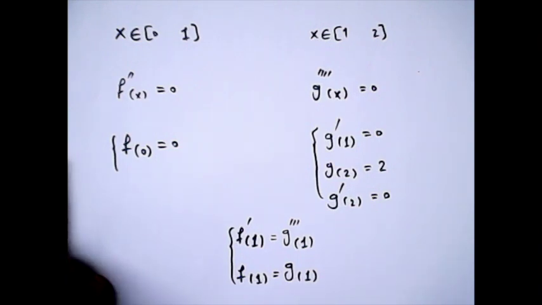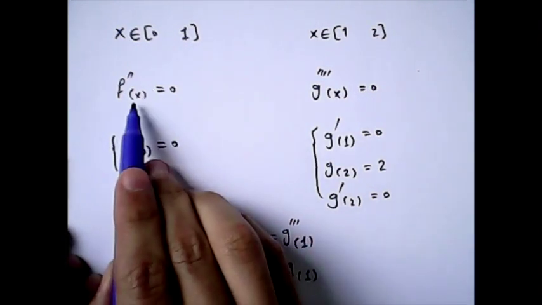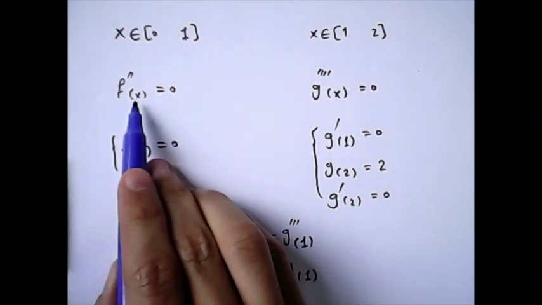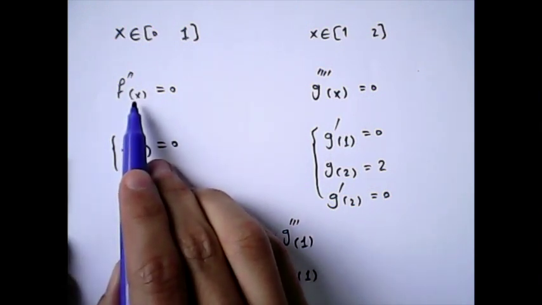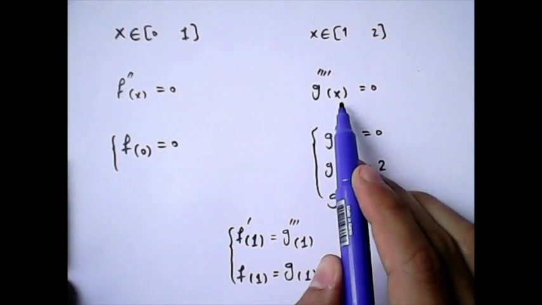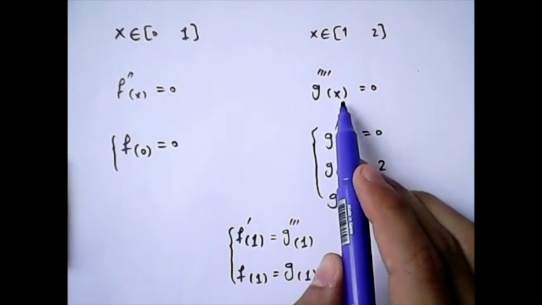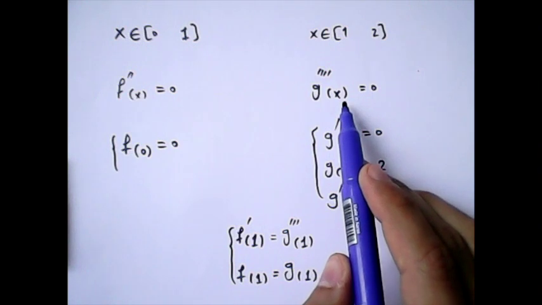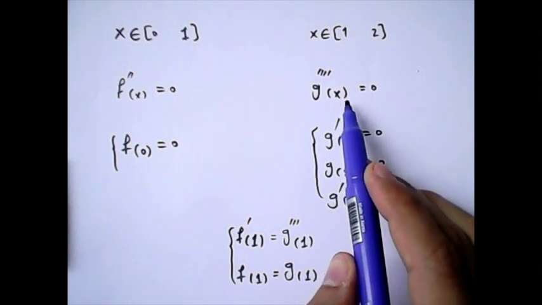So now let's take a look at it. When you solve this differential equation, you take indefinite integral 2 times, so you will essentially end up with 2 unknown constants. You take indefinite integral 4 times, here you will end up with 4 unknown constants.